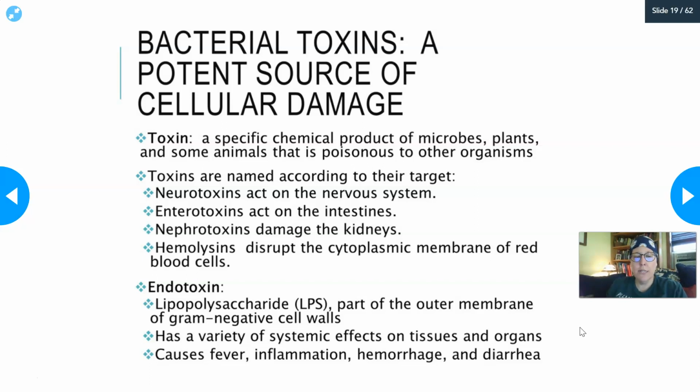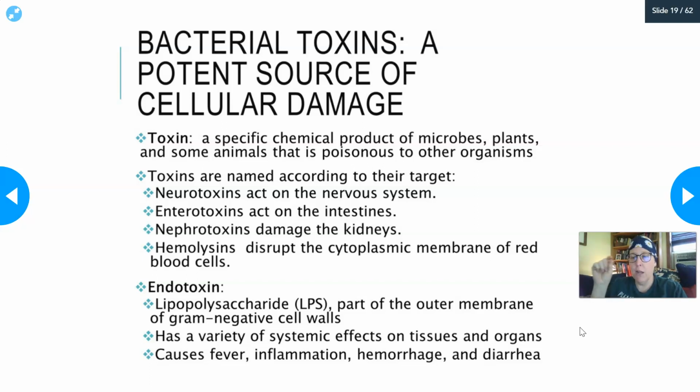An endotoxin is a lipopolysaccharide that is part of the outer membrane of gram-negative cell walls. So if you go back in the bacterial chapter, where we talk about the cell walls, the gram-negatives, remember you had the cell membrane, you had a thin peptidoglycan layer, and then you had another outer membrane that resembled the cell membrane, and it was made of lipopolysaccharide.